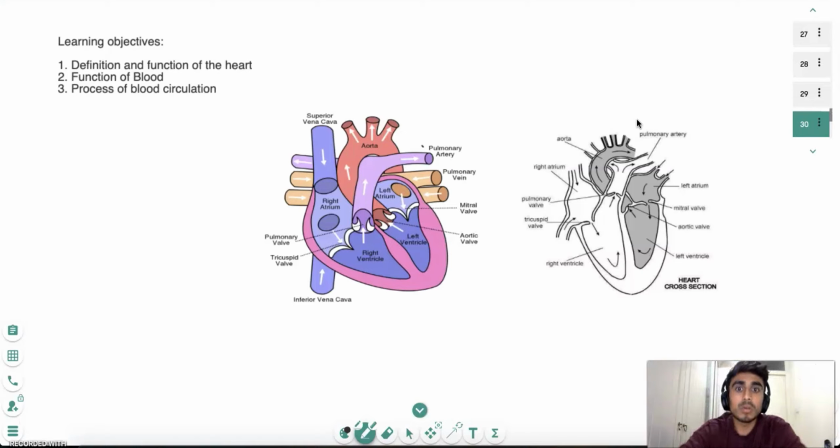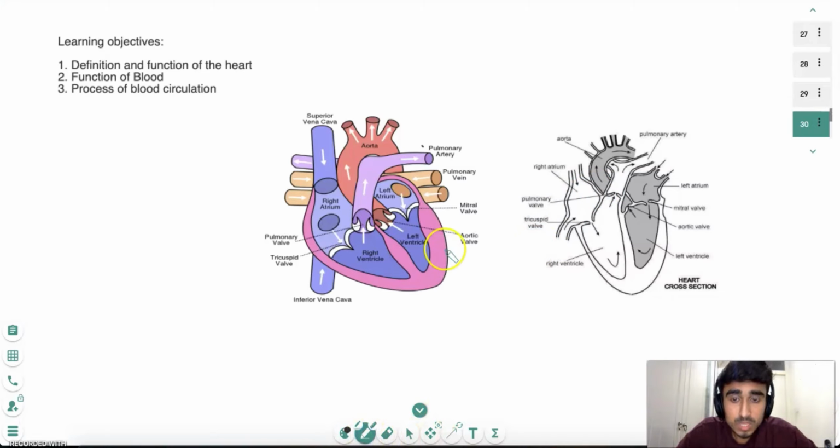At this point, we're going to look at how blood flows through the heart to go to the tissues in our body, the organs and the muscles. I've got these two diagrams here. The one on the left is a nice colourful one, and the one on the right is a bit more simplified. I'll be drawing on each of these to make sure it's easy to understand.